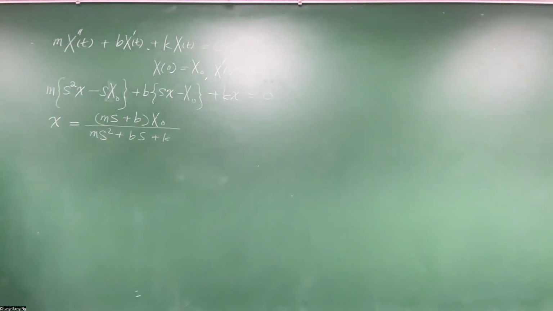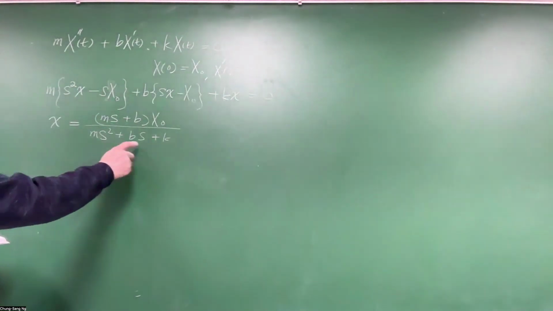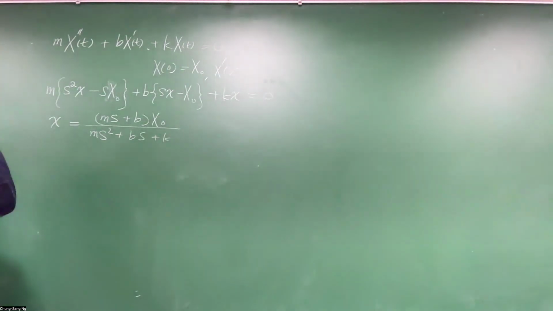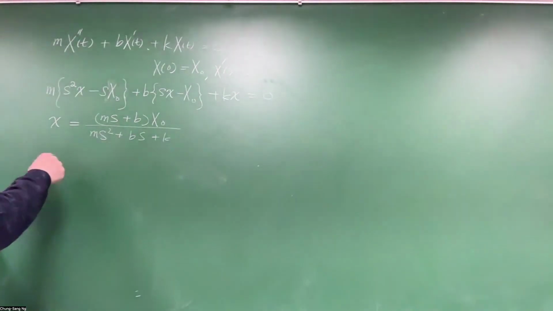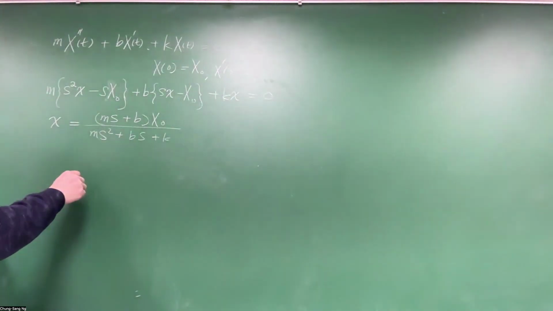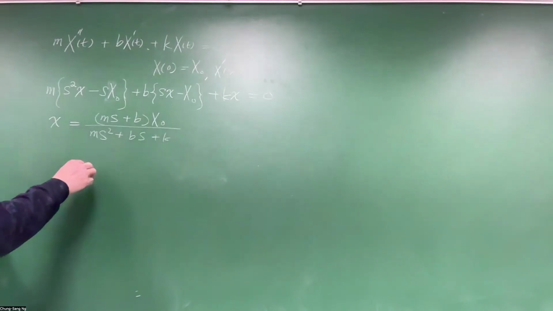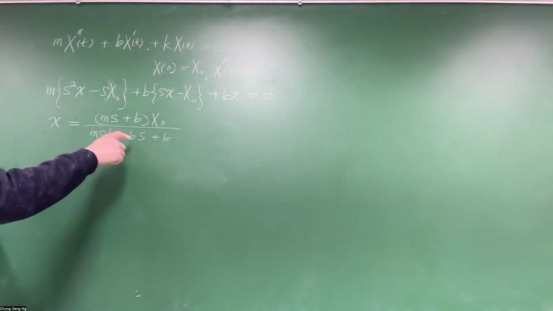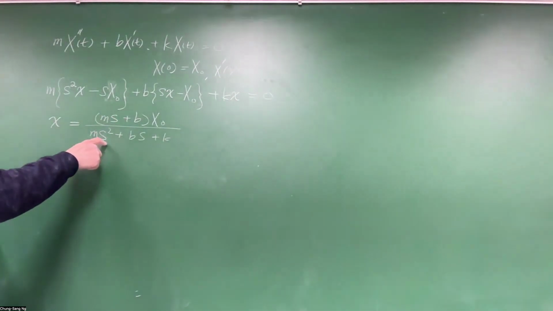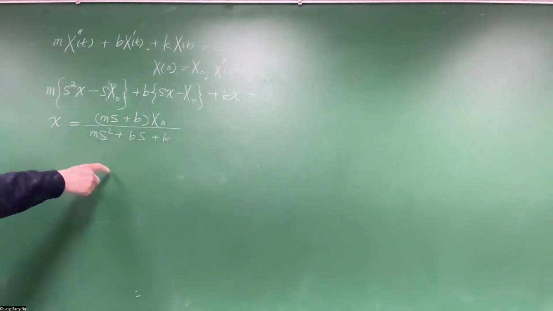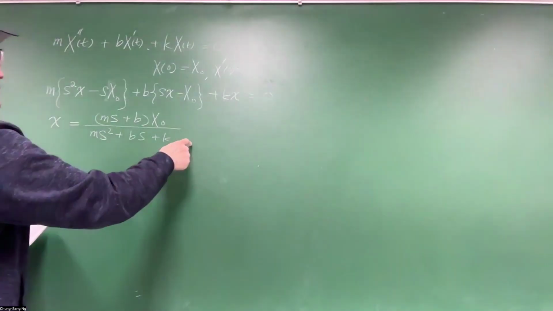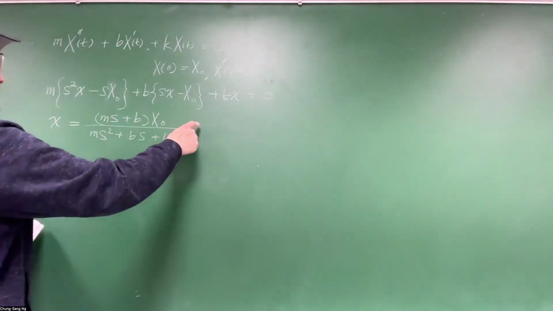So the task is to complete the square of the denominator. To do that, the first thing you can do is divide everything by m, because you want something similar to s squared, or s minus something squared.